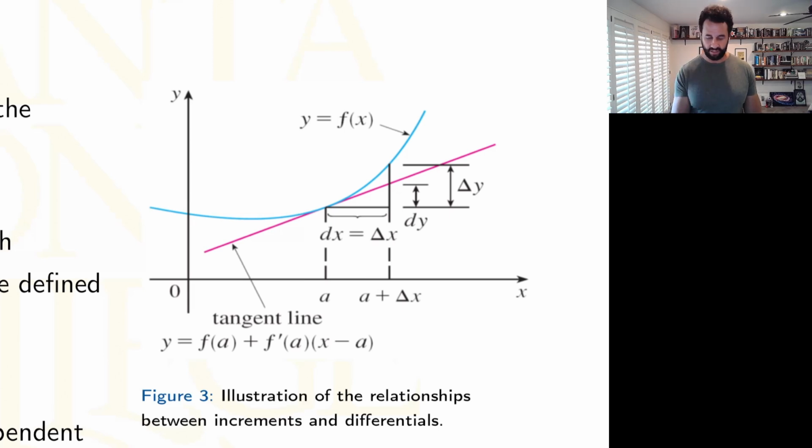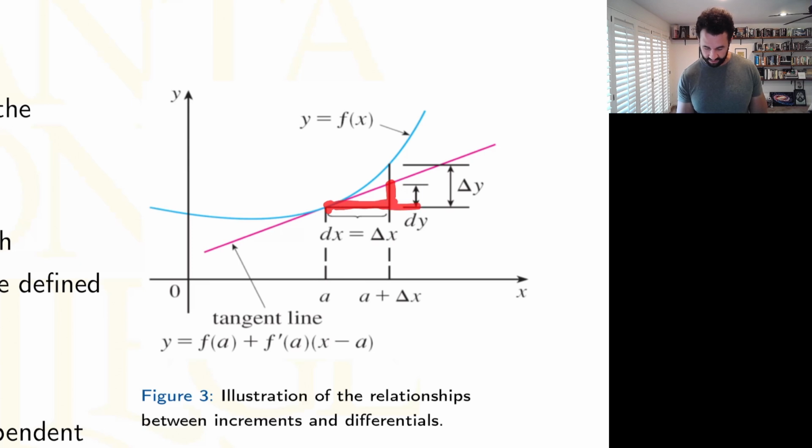So if your function is y equals f of x, delta y is talking about the actual function itself. Dy is not talking about the actual function itself. It's talking about the linearization. So dy is the change in the linearization, the change in the tangent line. So here to here.